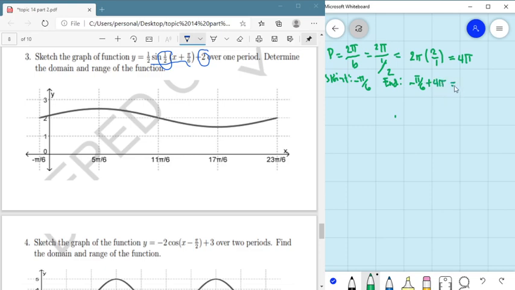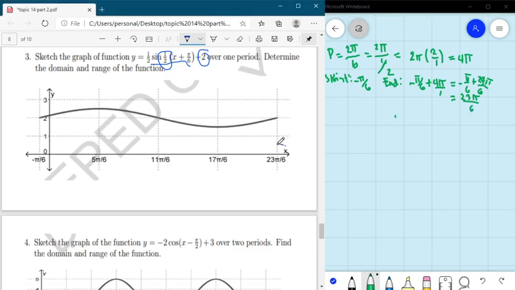So this will be negative pi over 6 plus 24 pi over 6, right? Okay, the denominator is 6, so we put the 4 pi with 6 over it. So this will give us an answer which is 23 pi over 6.